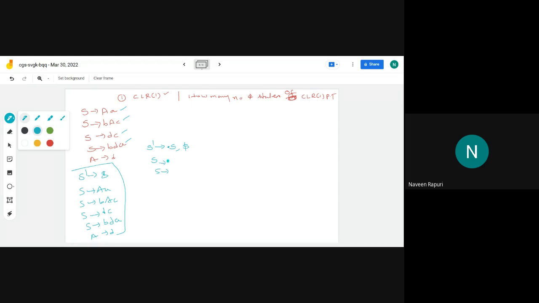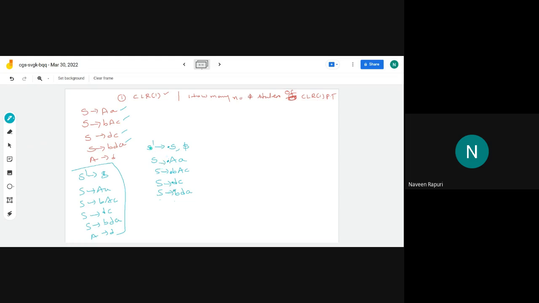S derives capital A, small a. S derives small b, capital A, small c. S derives small d, small c. S derives small b, d, a. And A derives, dot.